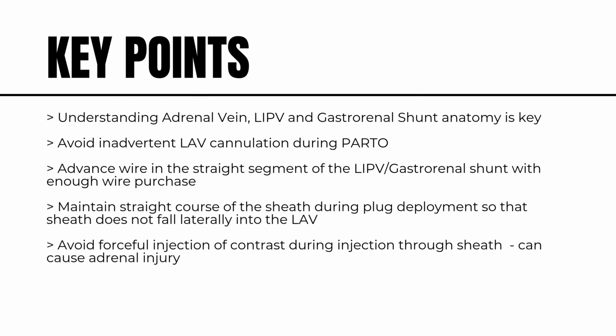In fact, the wire should be parked within the sheath before plug deployment so that the sheath does not fall backwards or into the adrenal vein laterally. And lastly, forceful injections of contrast should be avoided because that in turn can cause retrograde reflux of contrast or the sclerosant into the adrenal vein and can cause adrenal injury.